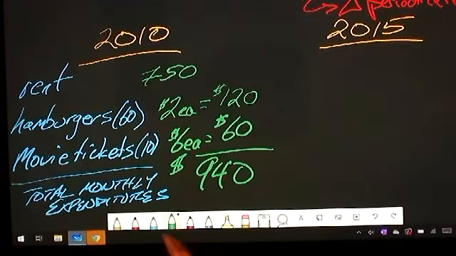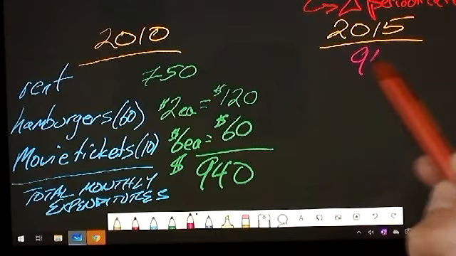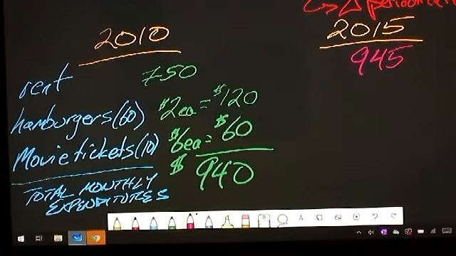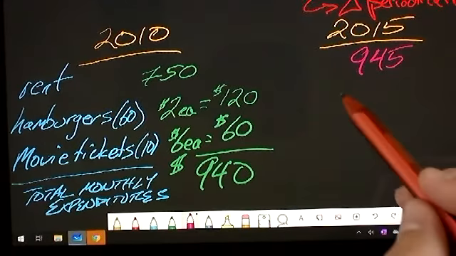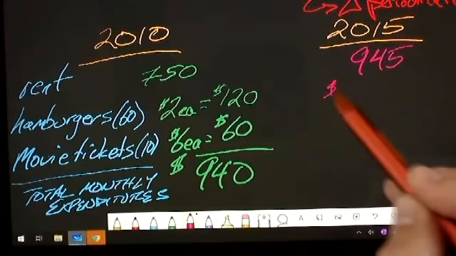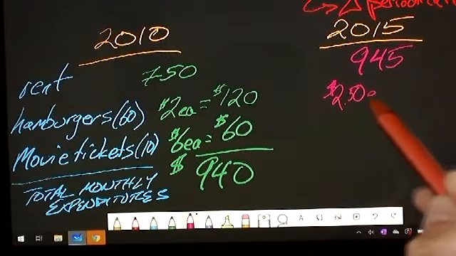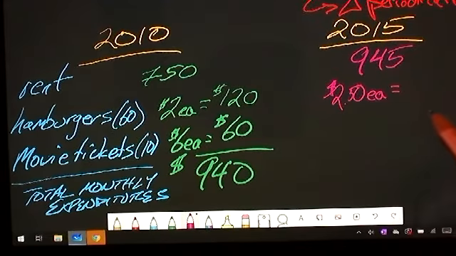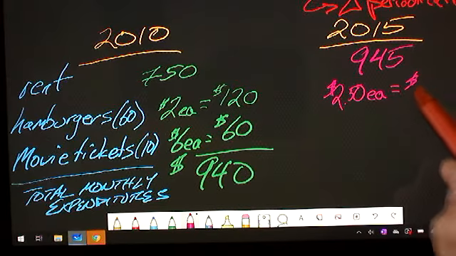Now let's talk about 2015. In 2015, rent's gone up. It's now $945. The hamburgers are now $2.50 each. So that extra 50 cents, the extra 0.5 times 60 is 30, so that's going to be 150 instead of 120.